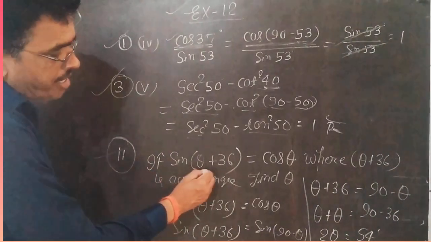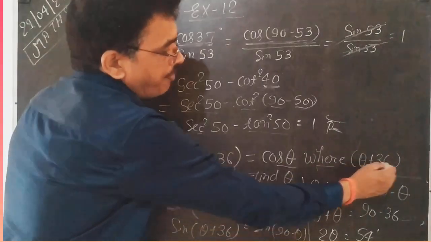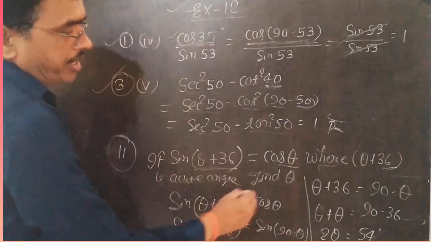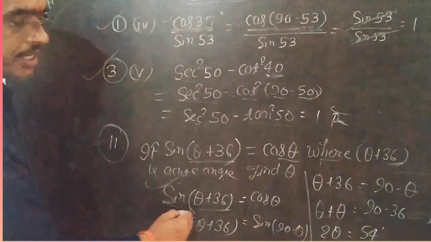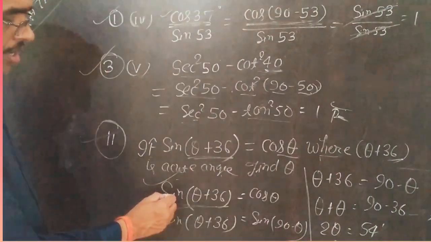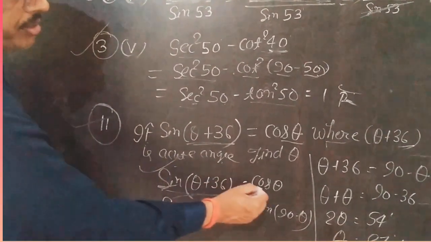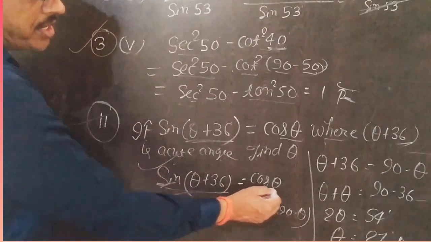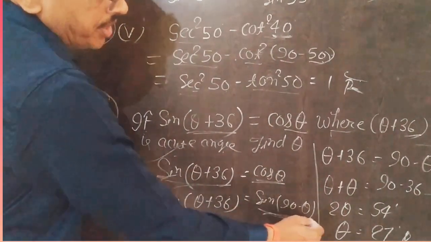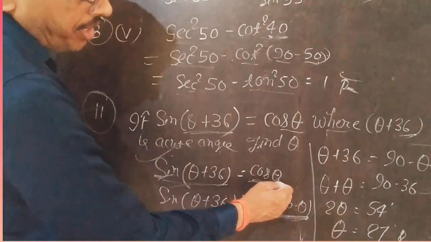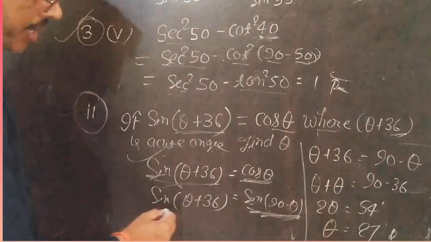Question number 11: if sin of theta plus 36 is equal to cos theta, where theta plus 36 is an acute angle, then find theta. I write the question first: sin of theta plus 36 is equal to cos theta. We want to write both in the same form. Here is sin, and we want to write this also as sin. So this cos theta is written as sin 90 minus theta, because sin 90 minus theta is cos theta. What is the benefit of this?